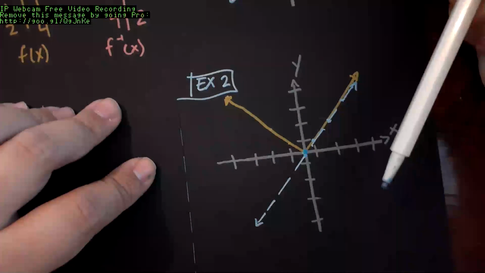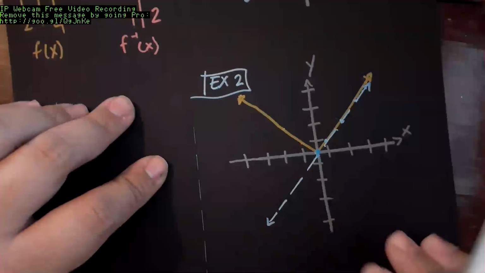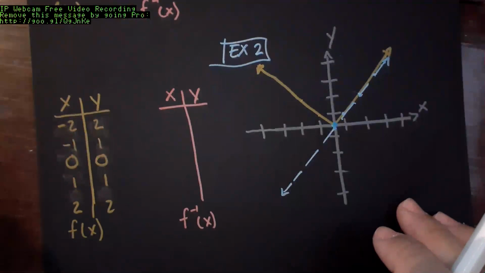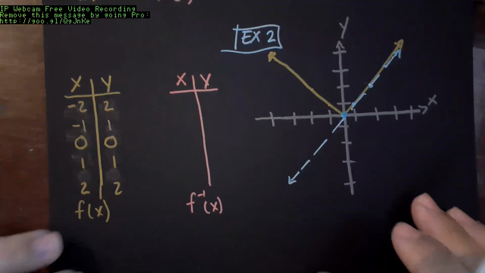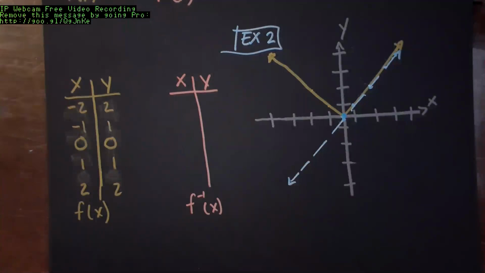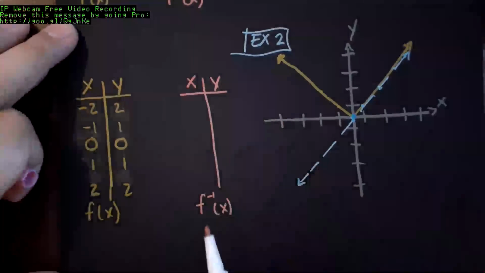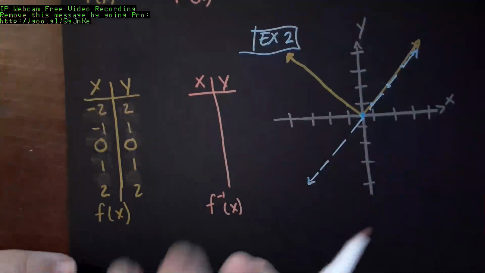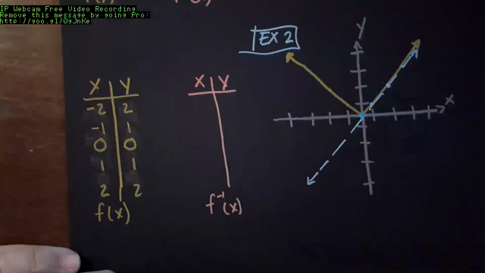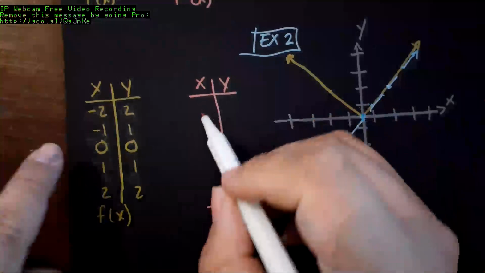Okay, so just in case you're not able to see this, I went ahead and did a small table. So let's take a moment to find our inverse with a table, get some good practice. Remember, all we're doing is just switching our x and our y.